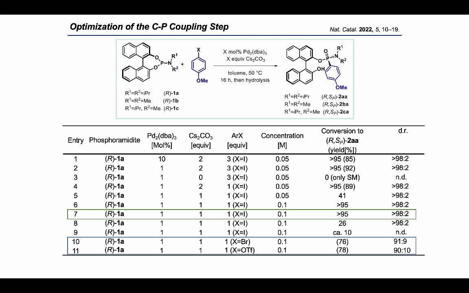It is also interesting to note that aryl bromides and triflates, entries 10 and 11, are also smoothly converted to 2AA. However, this required an elevated temperature of 100 degrees instead of 70 degrees in both cases. Also, the diastereomeric ratio was slightly reduced due to the higher temperature of the reaction.